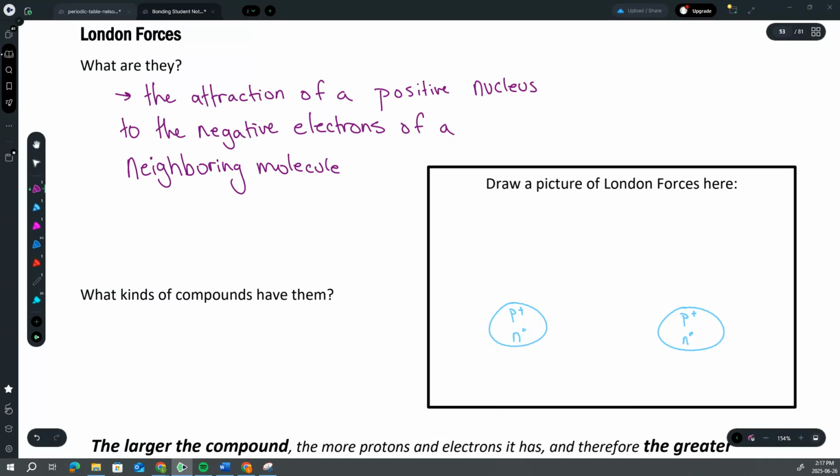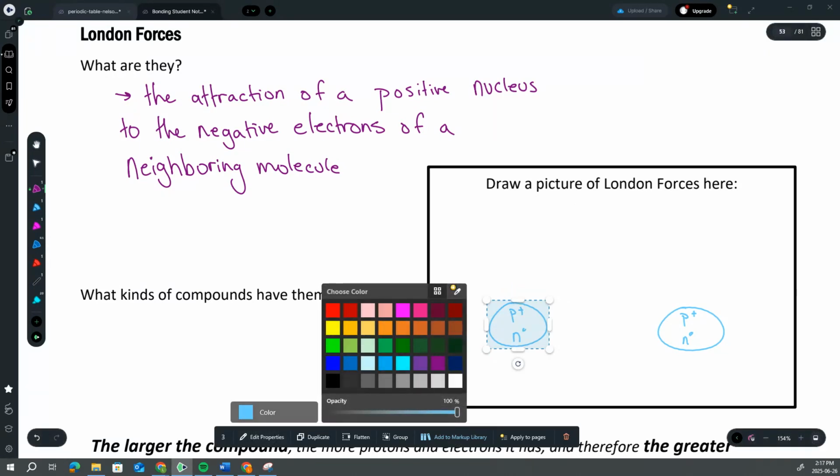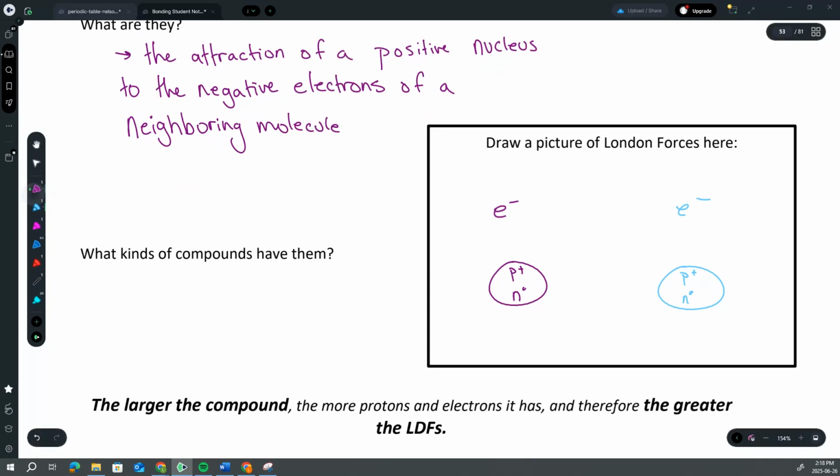And you know what? I'm going to color code this so that it's easy to see what I mean here. So we have electrons from this atom or molecule and the other one. So just arbitrarily, I'll call this molecule A and this one molecule B.